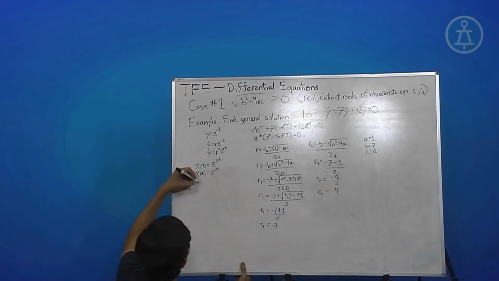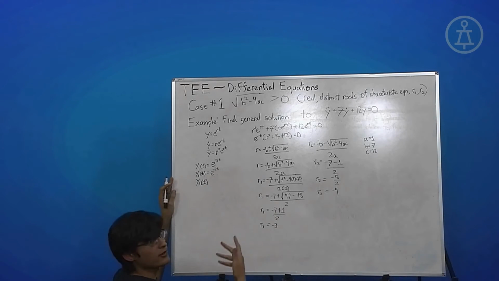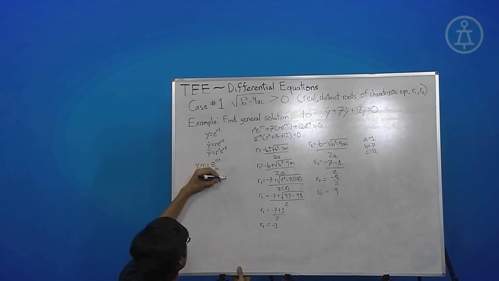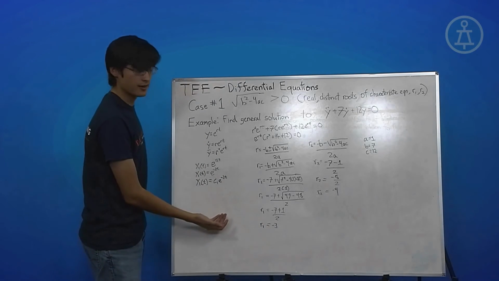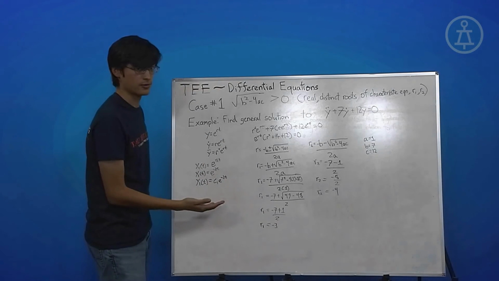We'll call that constant c1, so the new expression for the first set of solutions to the differential equation is c1 e to the negative 3t. So that's our first set of solutions.